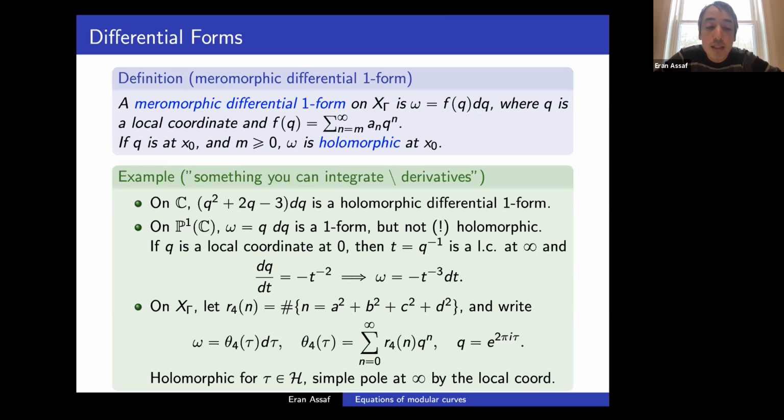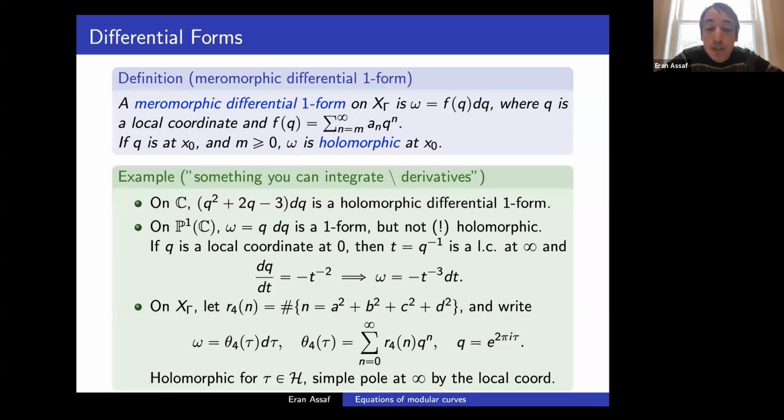And we form the differential one-form theta4(tau) d tau. This is holomorphic for any tau in the upper half plane, and it has a simple pole at infinity just by looking at the local coordinate.